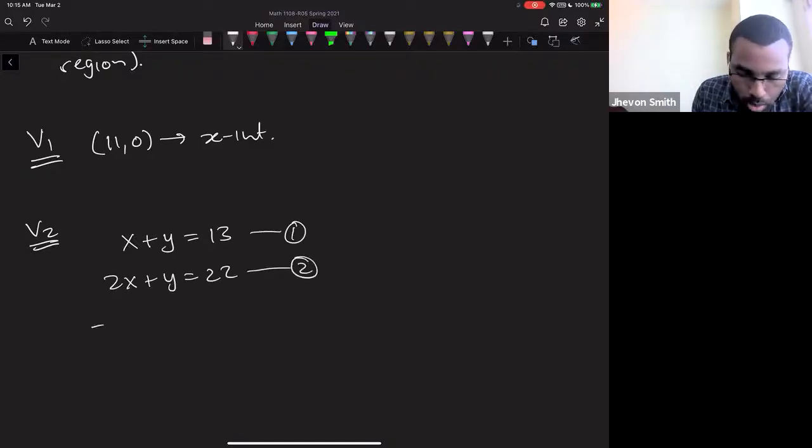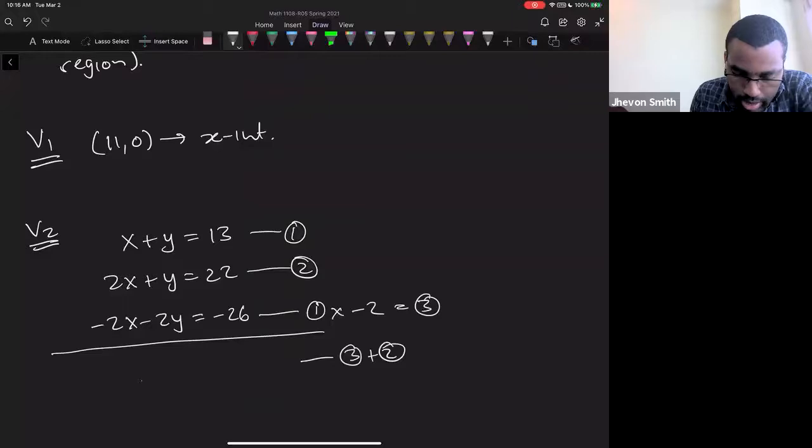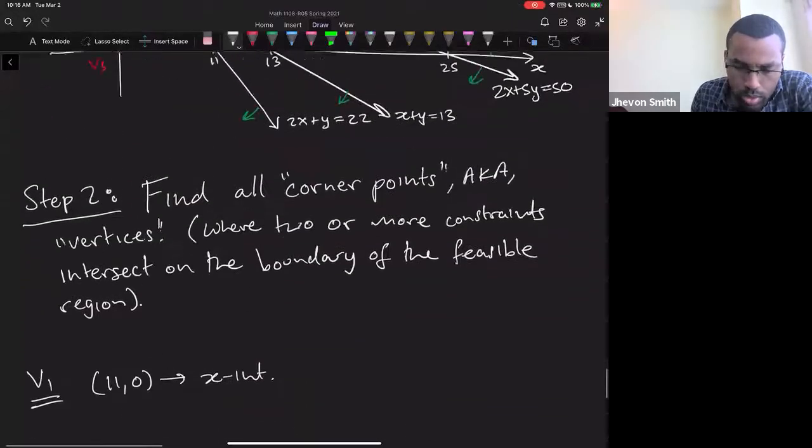What I can do is multiply equation 1 by -2. And then I can add them. Call this one equation 3. I can add them, take 3 plus 2, and then I would get -y equals -4.